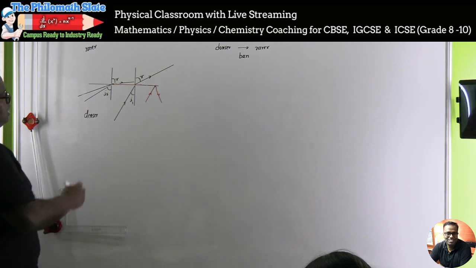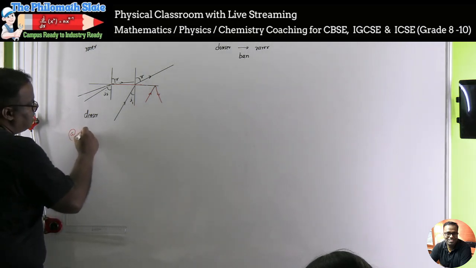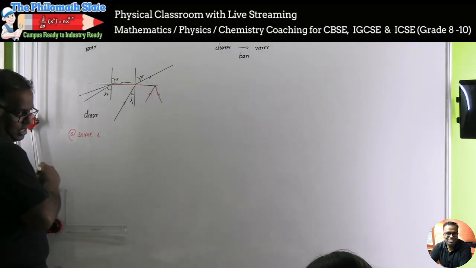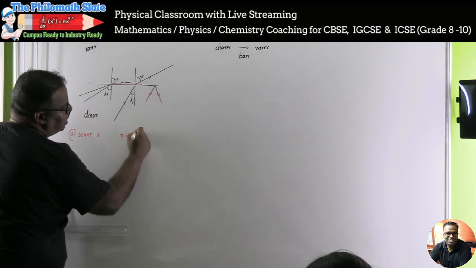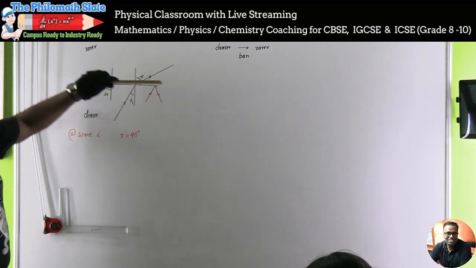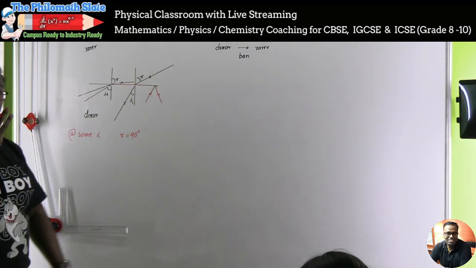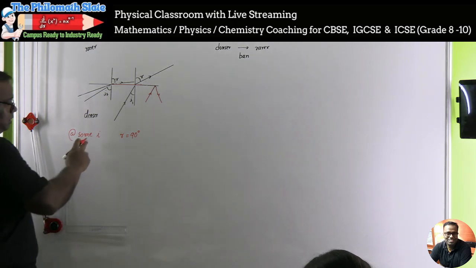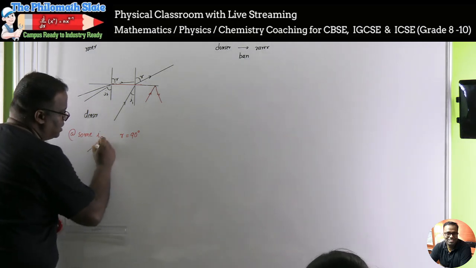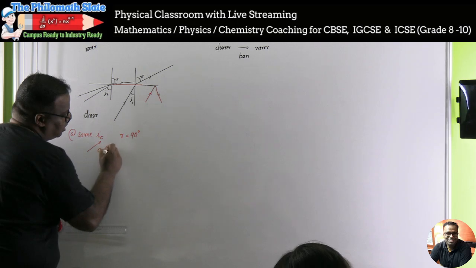And don't you think at some angle of incidence, the refracted angle will be how much? 90 degree. It will become 90 degree. Will you be able to see the refracted ray? No. The refracted ray, no. This particular angle of incidence is known as critical angle.